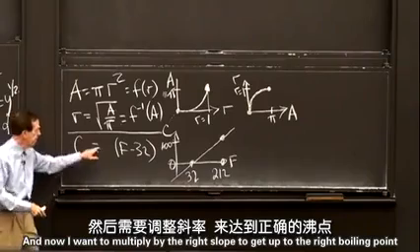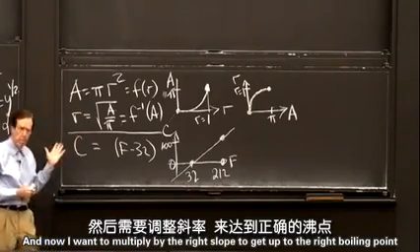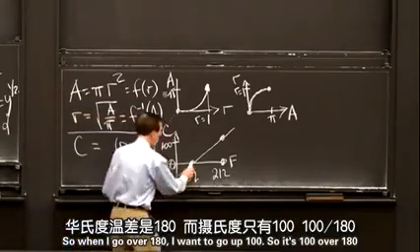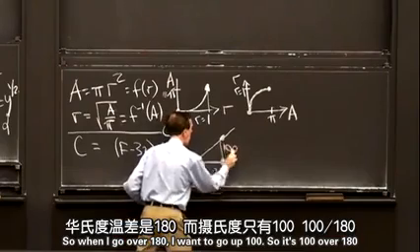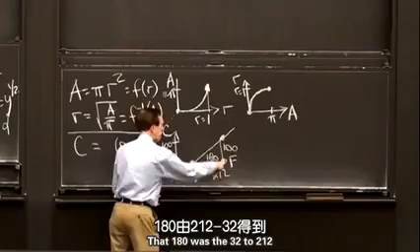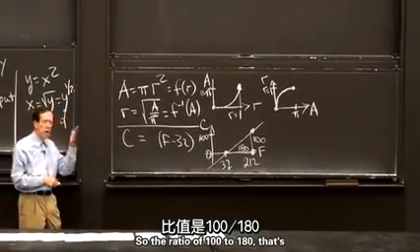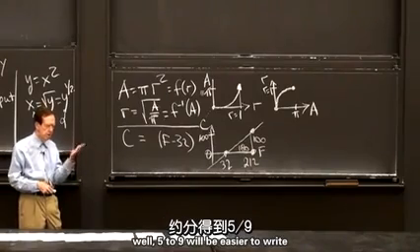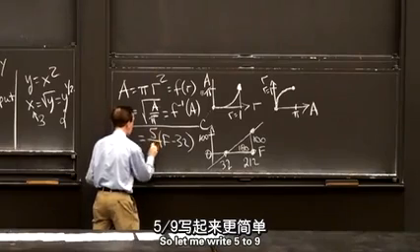And now I want to multiply by the right slope to get up to the right boiling point. So when I go over 180, I want to go up 100. So it's 100 over 180. That 180 was the 32 to 212. So the ratio of 100 to 180, well, 5 to 9 would be easier to write. So let me write 5 to 9.